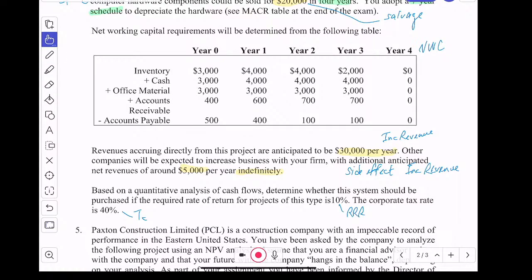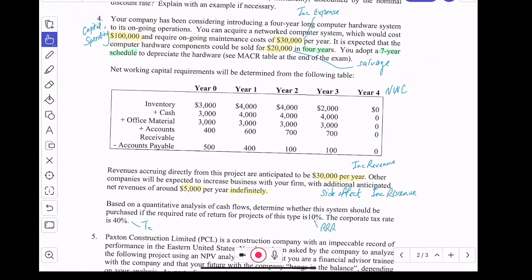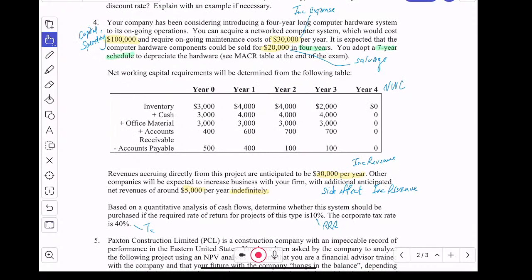So what goes into income? Income will consist of incremental expense, incremental revenue, and the side effect. Right. So let's begin there.